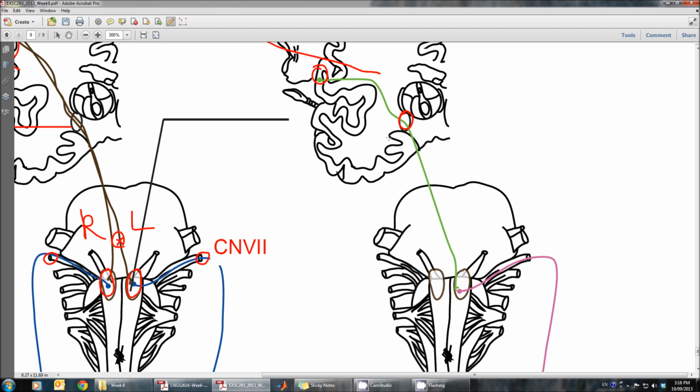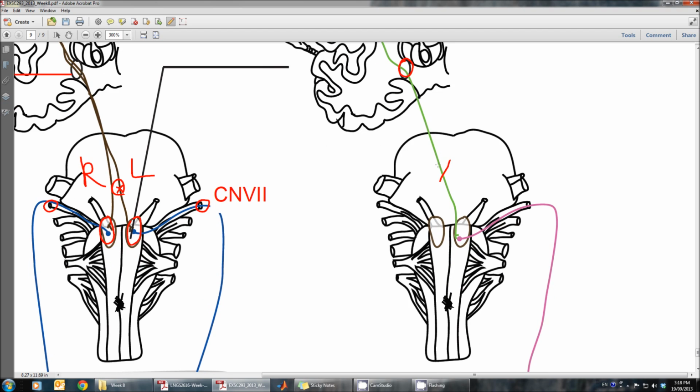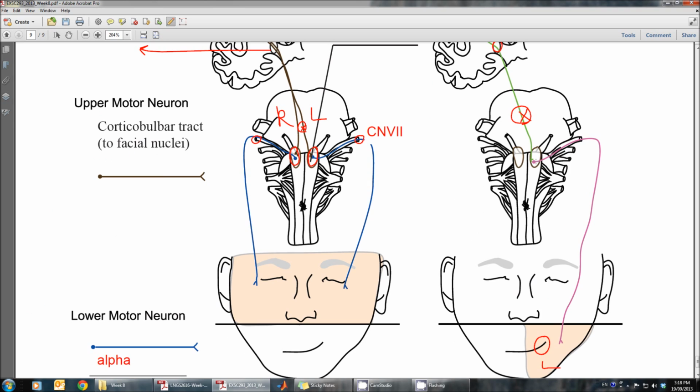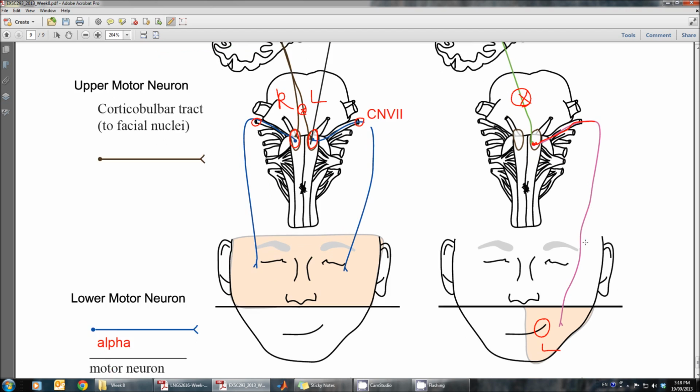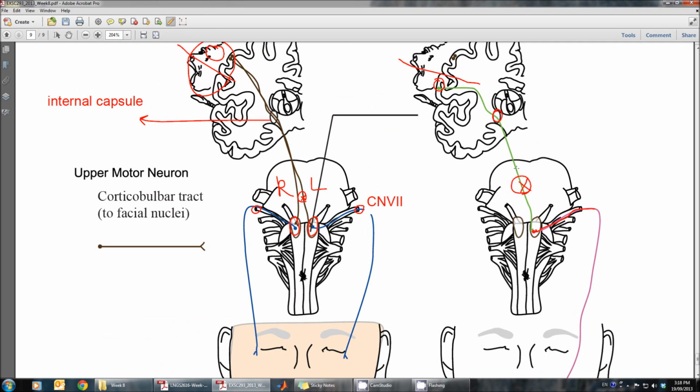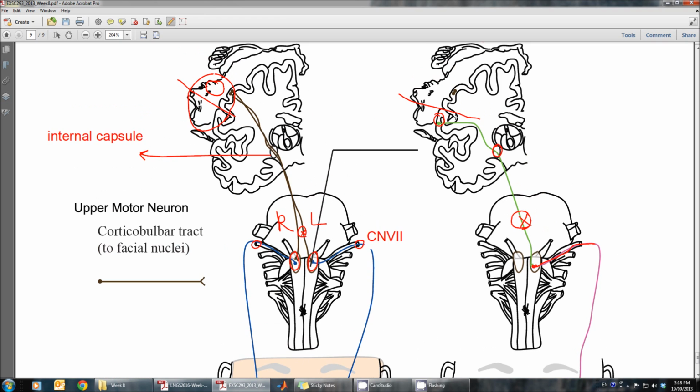It's the internal capsule. And it decussates in the brainstem area and goes to the opposite side of the facial nuclei. And this facial nuclei contains the soma of the facial nerve, and that innervates the muscles of the lower face on the opposite side. So because this axon decussates, there's contralateral innervation. Let's just label some parts here. So it's the internal capsule, and that's the decussation.